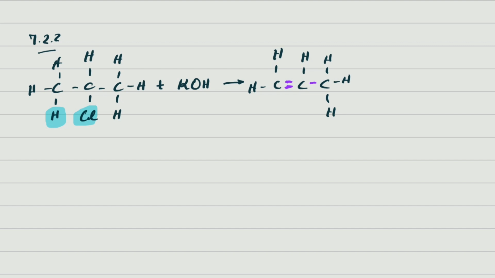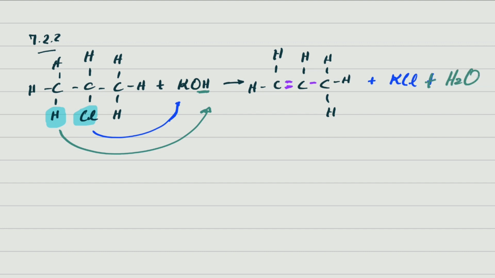This was just the organic compound, but we still have here the chlorine, which will react with the potassium to form potassium chloride, and then you still have an OH left with the hydrogen to form water, so it's a plus H2O. And this one is the balanced reaction using structural formulas.